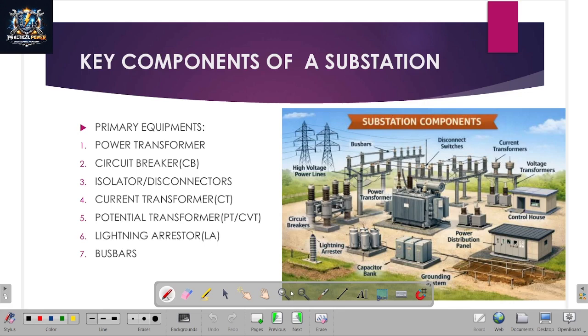The primary equipment of the substation is the power transformer, then circuit breakers, isolators, and current transformers.